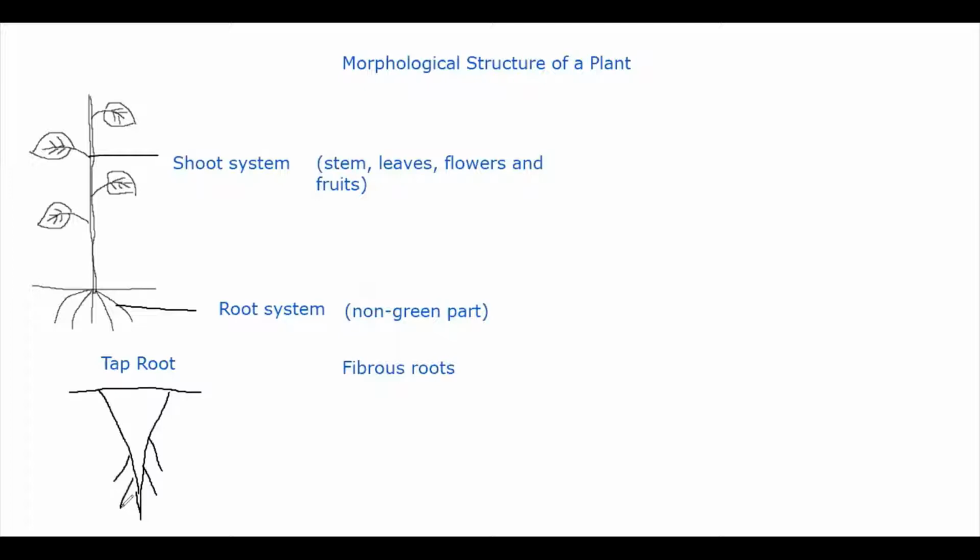Okay, how we can define this taproot? Root that grows as a thick primary root vertically downward is known as a taproot. And there are small roots that arise which are known as lateral roots. So these roots are known as lateral roots.